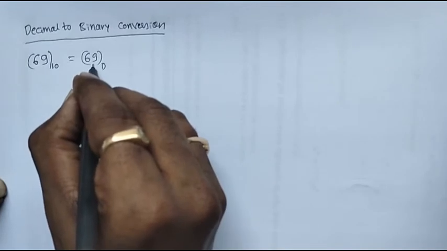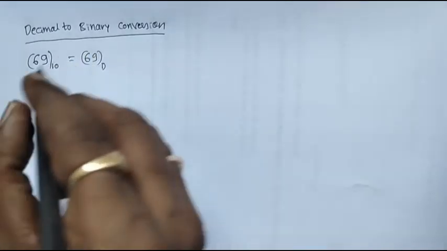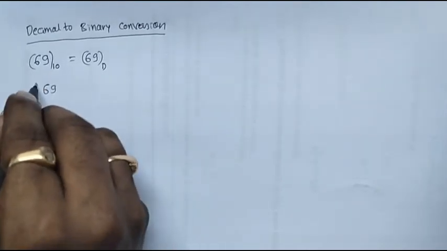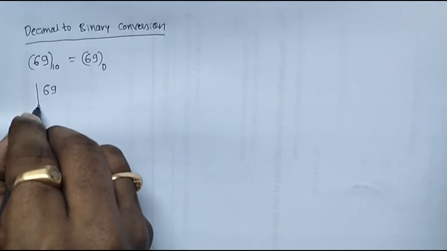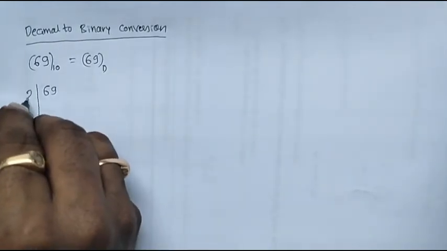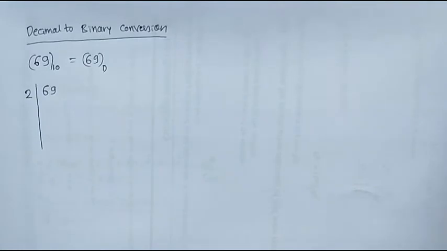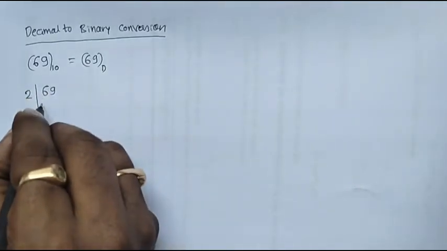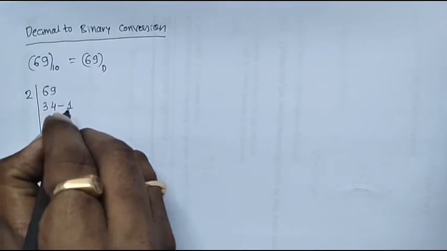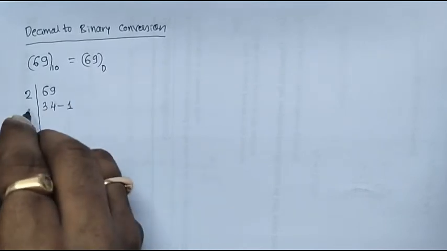To convert a given decimal number into binary, we have to divide this number with the base of binary number system, that is 2. When we divide 69 by 2, we get 34, remainder is 1. Write the remainder here.